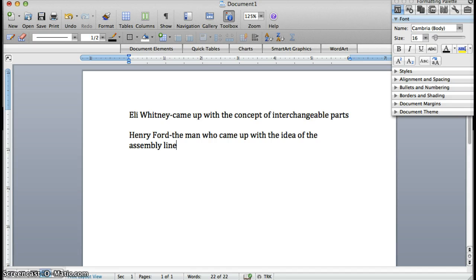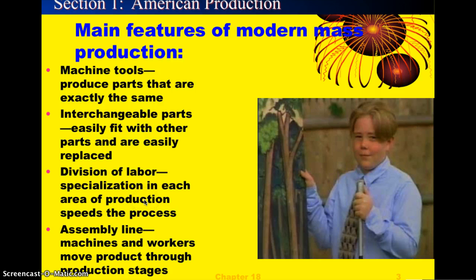And Henry Ford thought to himself, I could do something like this with my automobiles. Prior to Henry Ford coming up with the idea of the assembly line, they had anywhere from about 5 to 10 men, and they basically had all of the parts for a car sitting in one area. They had the frame, the suspension, the tires, the wheels, the seats, the body, the motor.